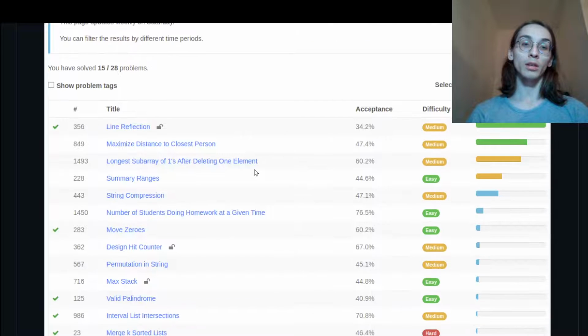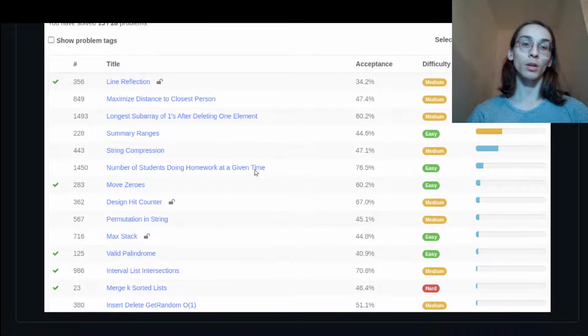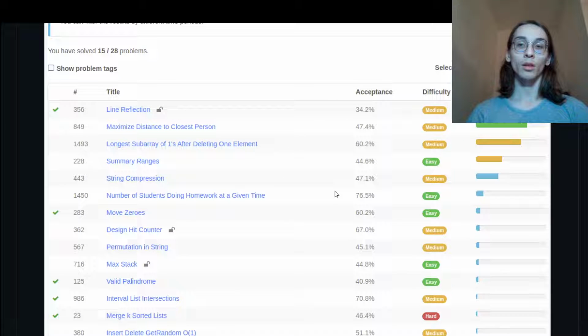But in fact, you will be okay if you solve the problems that they have on LeetCode. They linked to this GitHub where you basically have the problems that are asked most frequently in this company. And yeah, other than that, didn't do much.